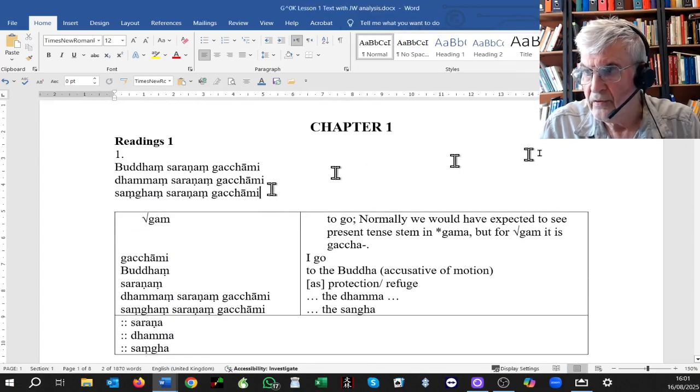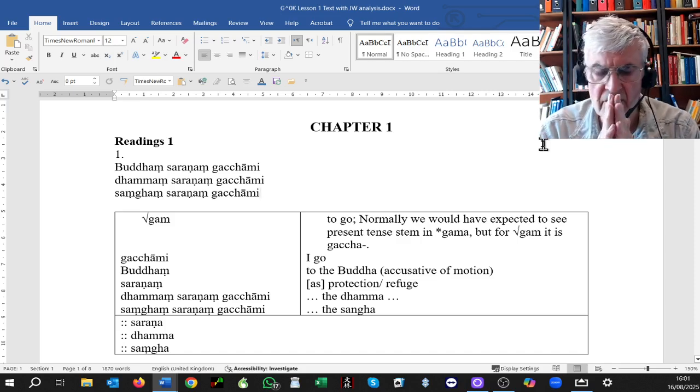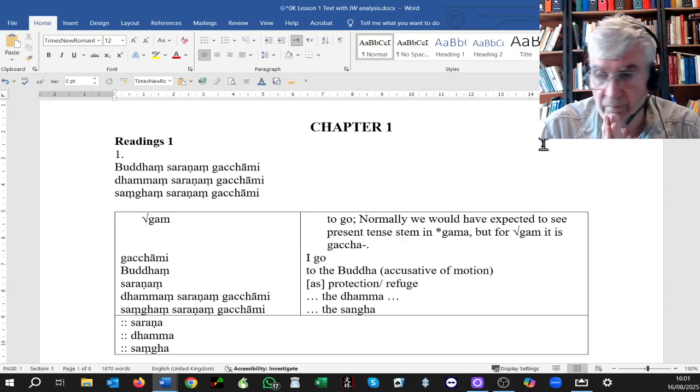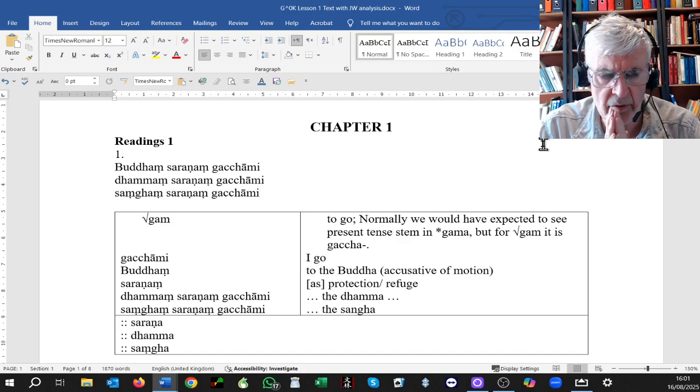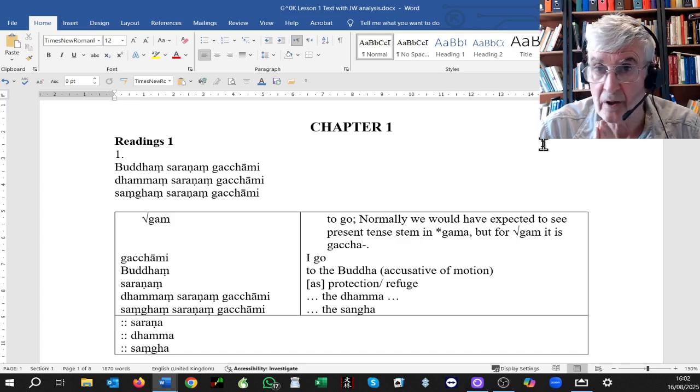So I will read it through and then explain. A lot of these texts that we see here, and particularly this first one that we all know very well, tend to be chanted. What I'm going to do is to read them as ordinary prose, because this is primarily a linguistic exercise rather than a chanting exercise, apart from the fact that I regret I'm not terribly good at chanting.